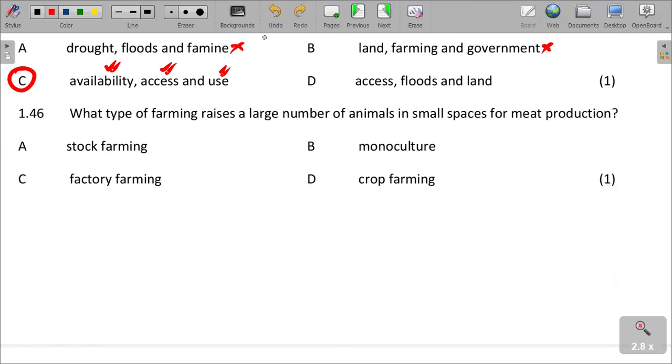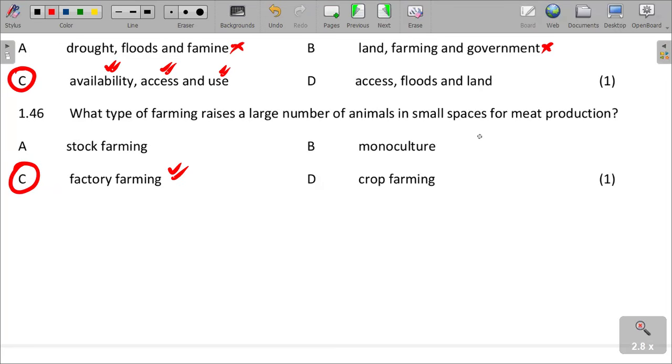And then, what type of farming raises a large number of animals in small space for meat production? We call that, number 46, factory farming.